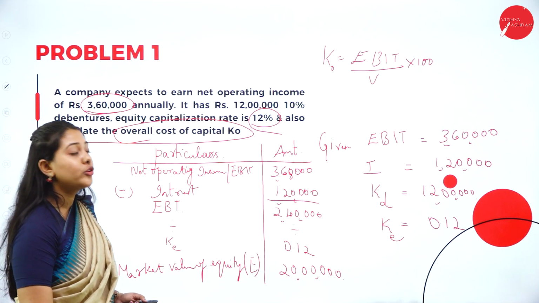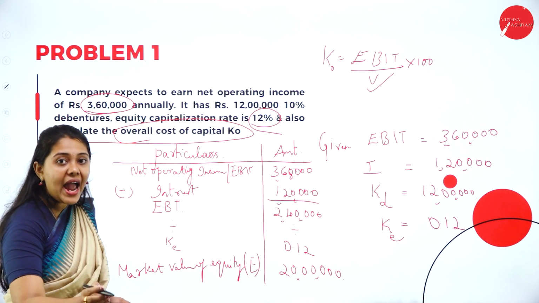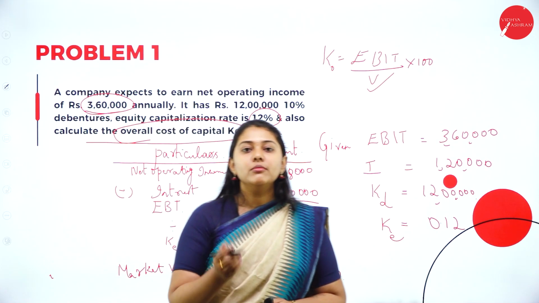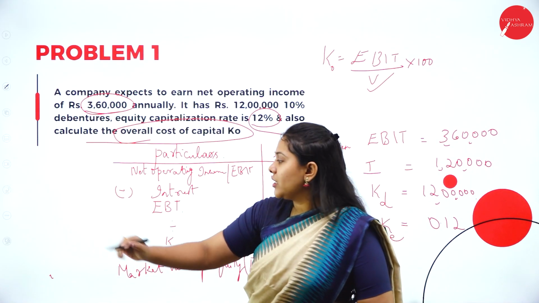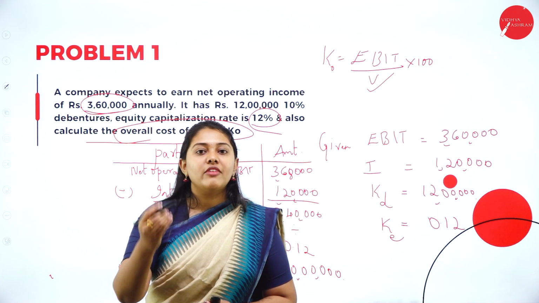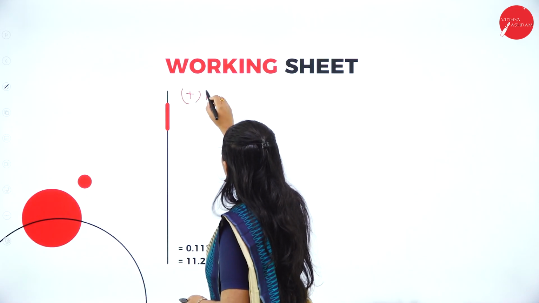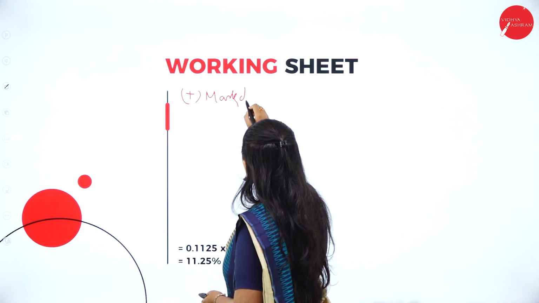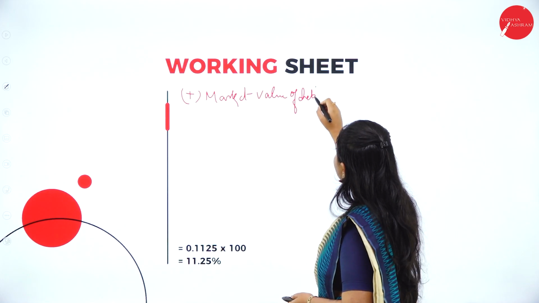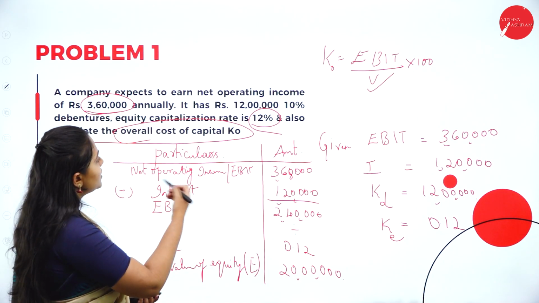Now, to get the value of the firm, you need to add the market value of debt. Value of the firm is the market value of equity plus market value of debt. So this 20 lakh, add the value of debt. What is the value of debt given in the question? 12 lakh.